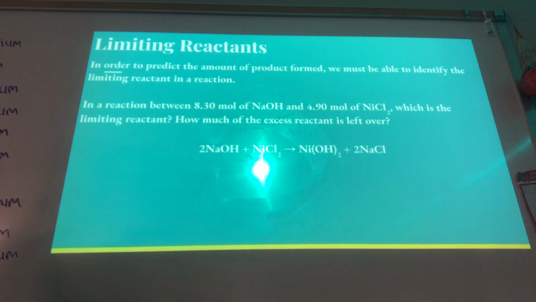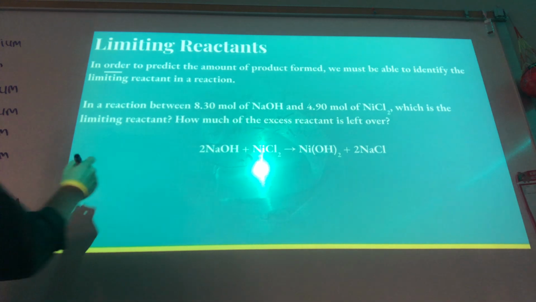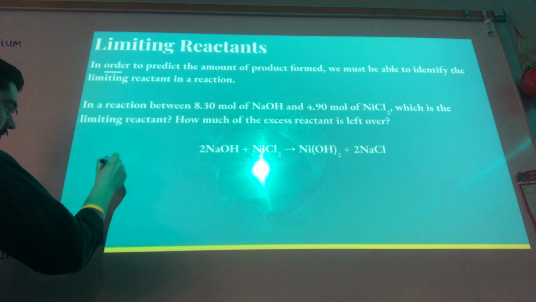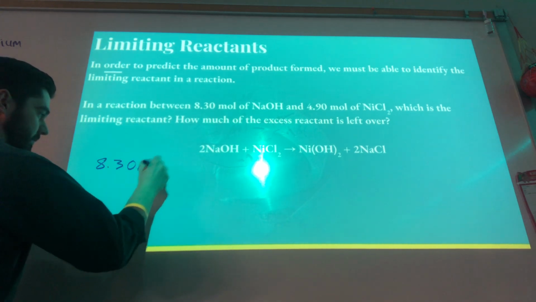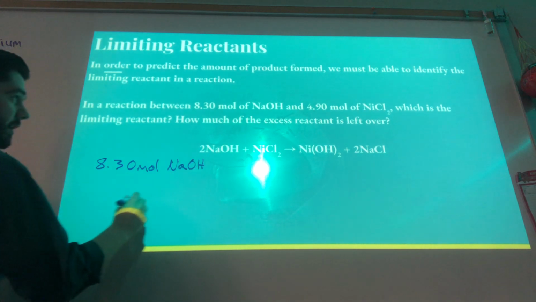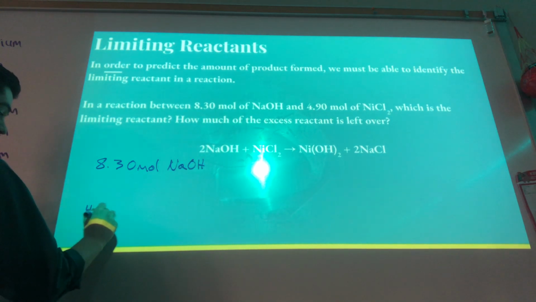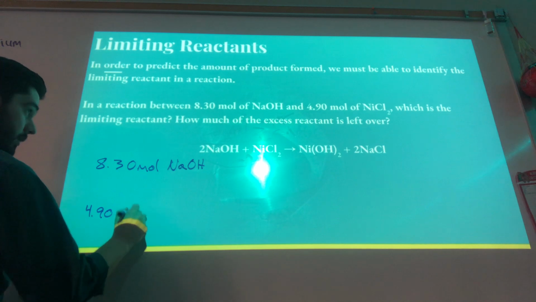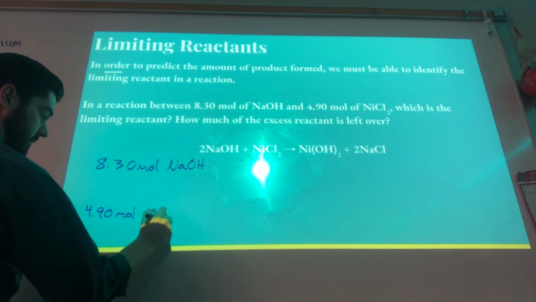So, first thing we need to do is take our amounts of reactants. I've got 8.3 moles of sodium hydroxide and 4.9 moles of nickel 2 chloride.